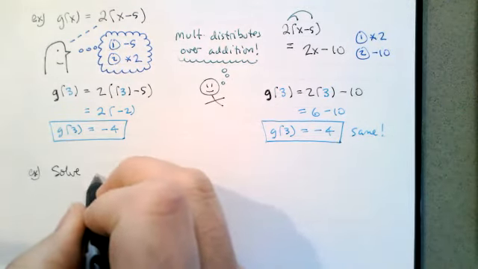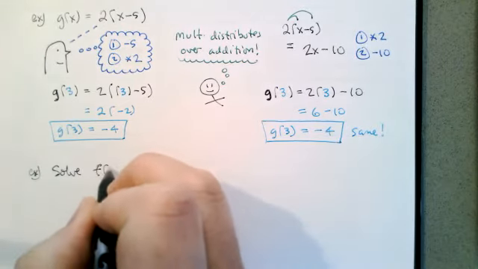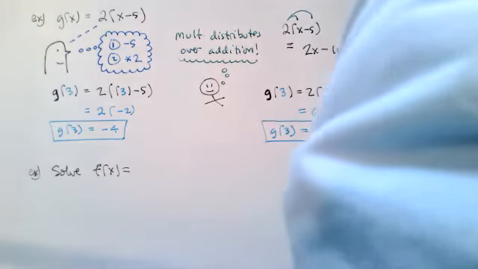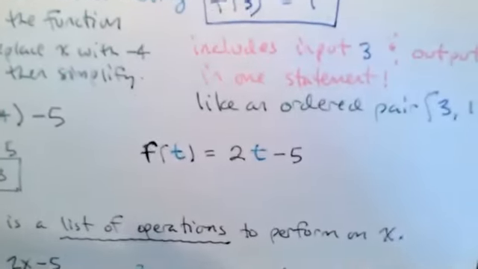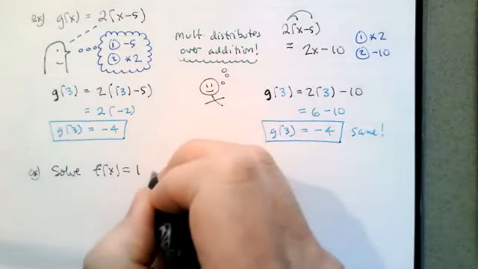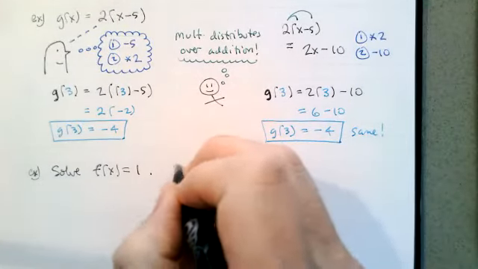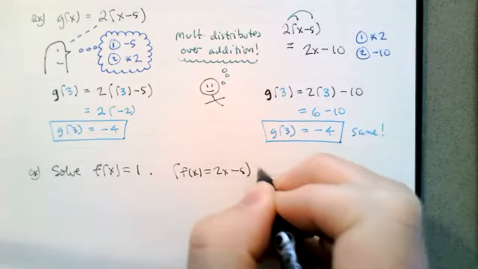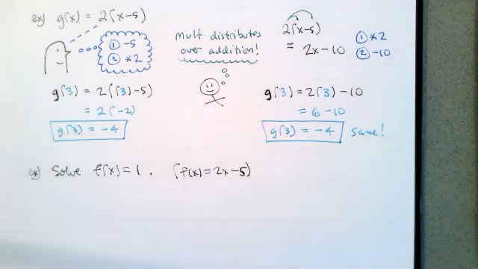So if I'm going to say solve, I'm going to say solve f of x is equal to, pick one. What did I use before? Oh, I did 2x minus 5. So f of x equals 1, where f of x is 2x minus 5. I'm asking the question, what do we put in for the x to come up with 1?